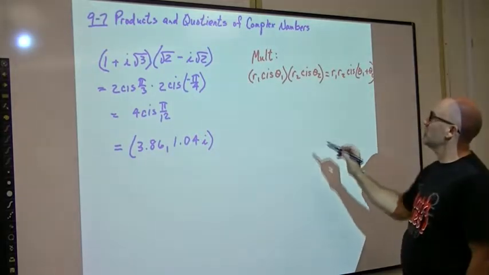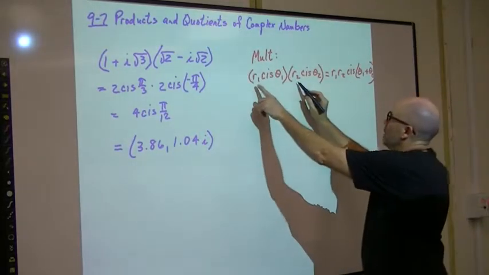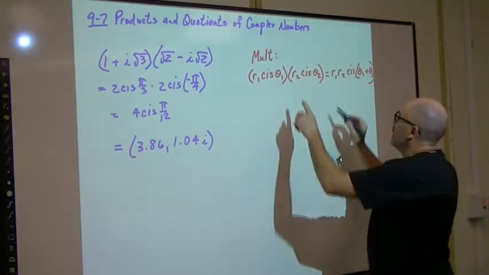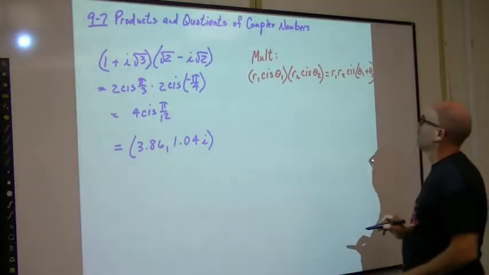Okay, so multiplication says you multiply your two radii and then you add your two angles.